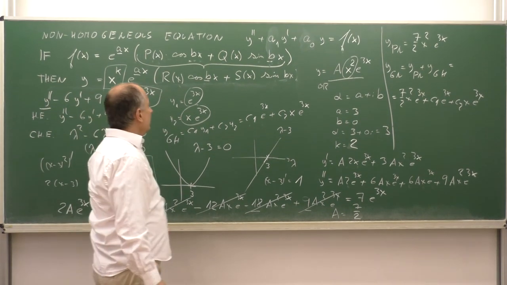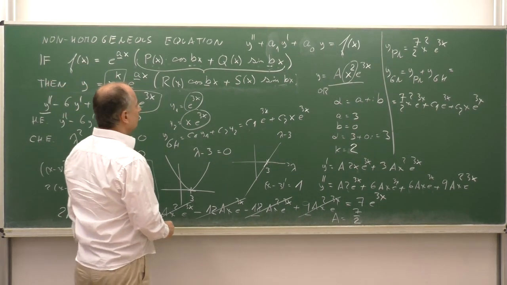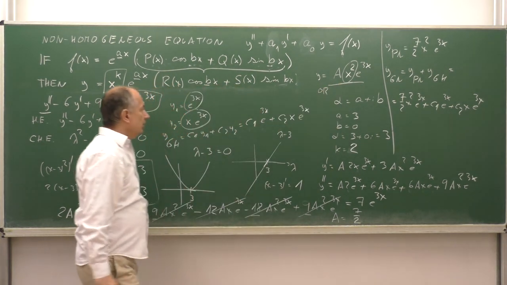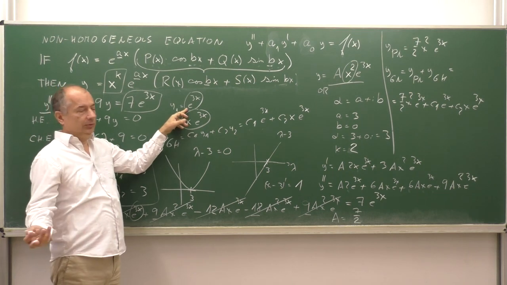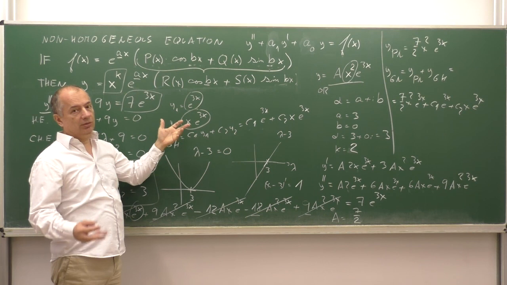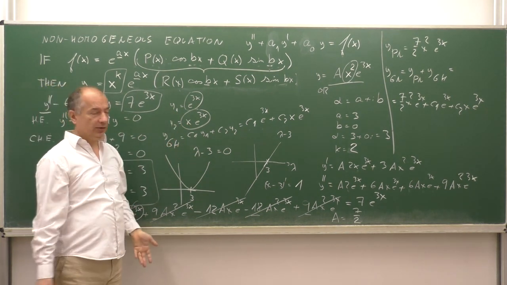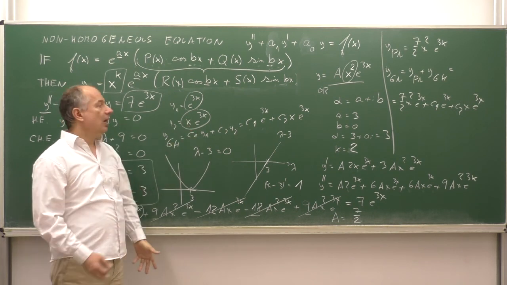So the main idea is, when we want to assume the solution of the non-homogeneous equation, if it solves already the homogeneous equation, there's no sense to consider this to solve the non-homogeneous, because the result is 0. So we must multiply by x. If multiplying by x does not help, we must multiply by x squared.